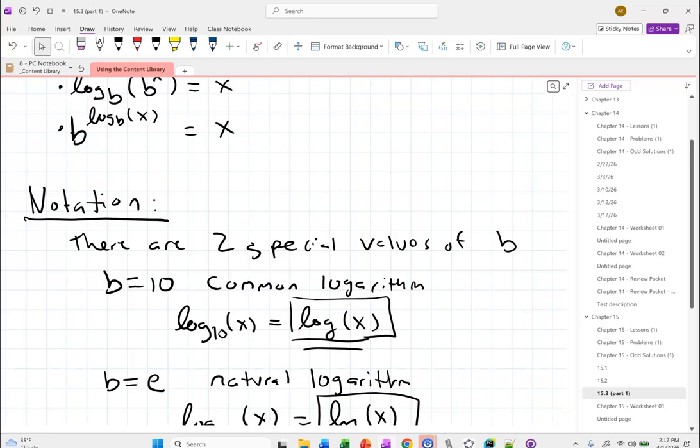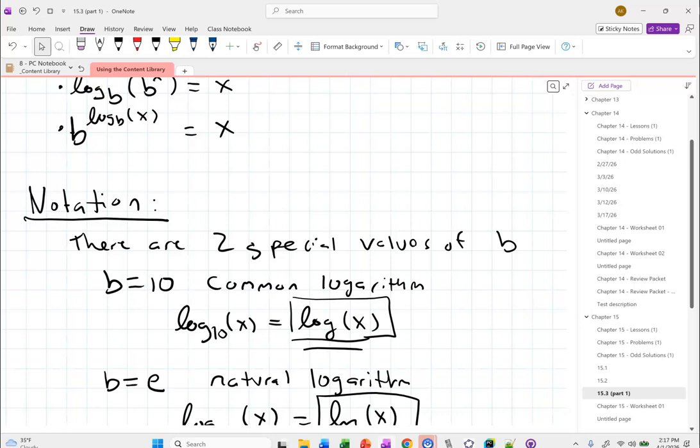Just like when we write a square root, we don't write index 2 in the square root. That one we use all the time. We just recognize it to be square root or index 2 even though we don't write it. Same idea here. There's a log you'd use all the time, so we're not going to bother to write the 10 there. We're just going to understand that it's there. Is everybody okay with that? So instead of writing log base 10, we just write log.